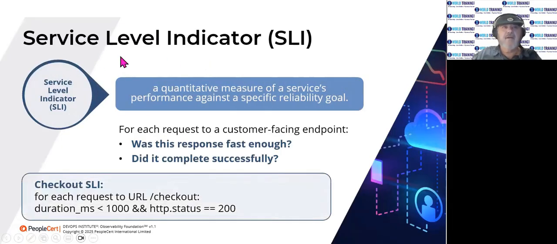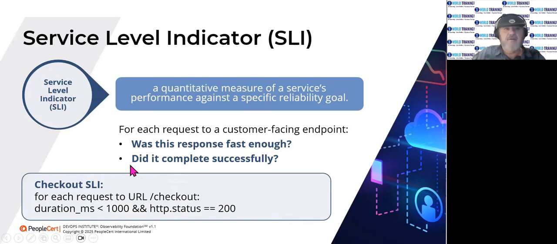Let's talk about SLIs. It's a service level indicator. Again, it's a quantitative measure of the service's performance against a specific reliability goal expressed as an SLO. For each request to a customer-facing endpoint, you could have something like, was the response fast enough? Did it complete successfully? There are many other types of measures. It could be, is the system available?